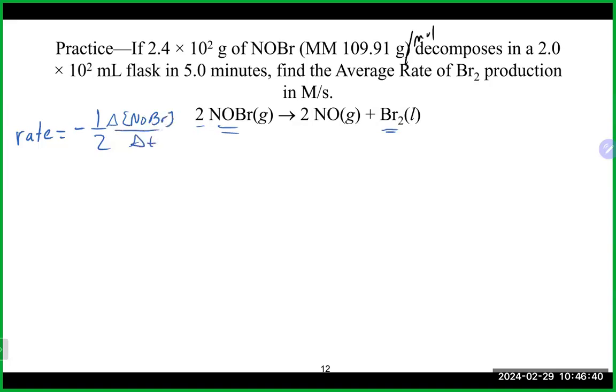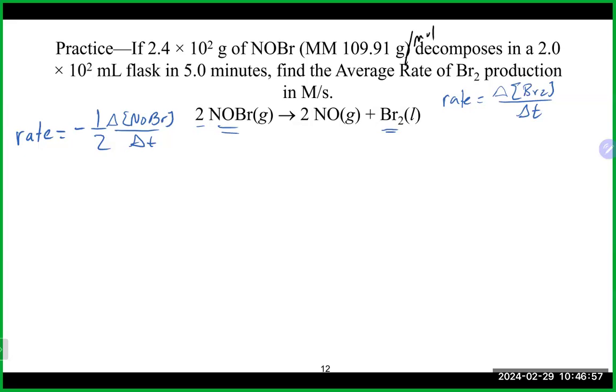For our Br2, the rate expression would be positive and the coefficient is 1. So it would really just be the change in the concentration of Br2 over the change in time, right?